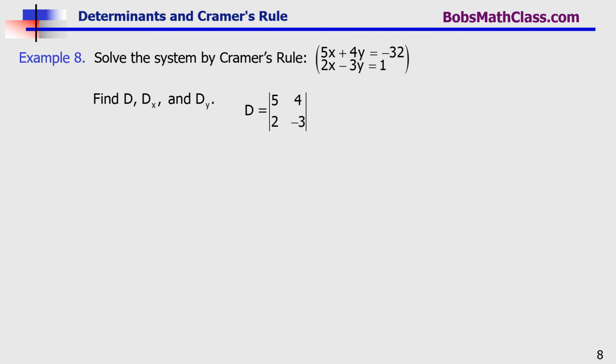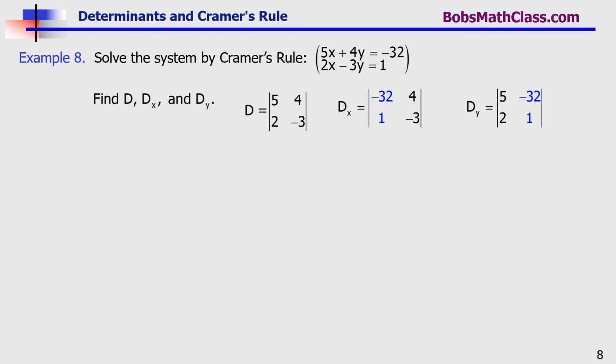Now when we do dx, the x column gets replaced by those constants on the right hand side. So negative 32, 1 replaces the x column, and the y column stays the same. Then when we do dy, the x column stays the same, but the y column is replaced by the constants.